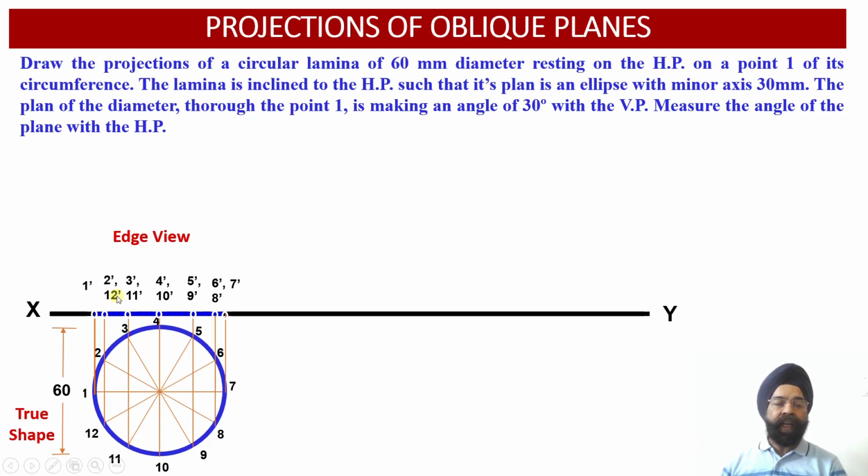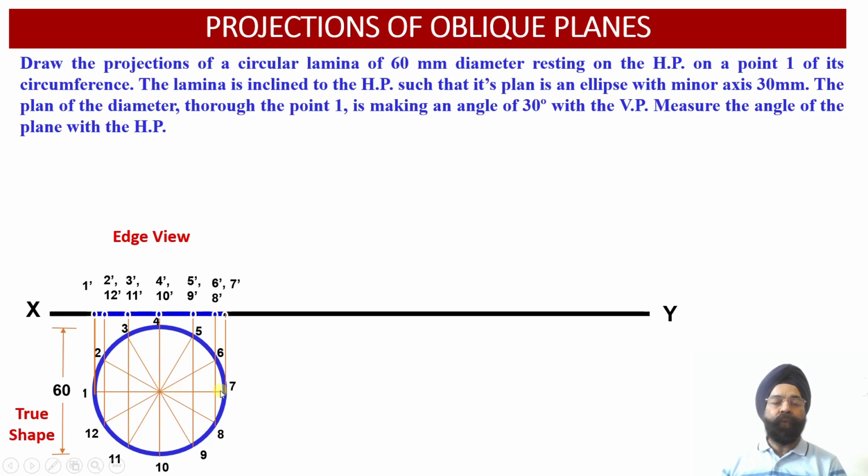But now, rather than providing us with the information regarding this angle, we have been provided information about the length of this particular foreshortening. That is, the foreshortening of this particular diagonal 1 7 has happened in such a way that from the original 60 millimeter, this diameter in the plan view has been reduced to 30 millimeter.